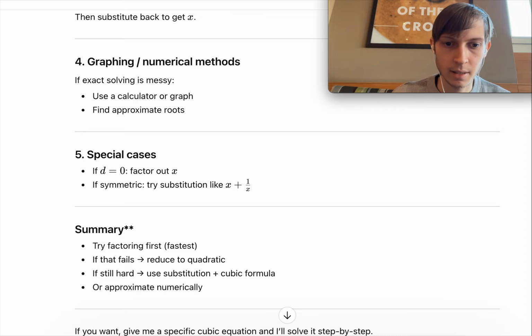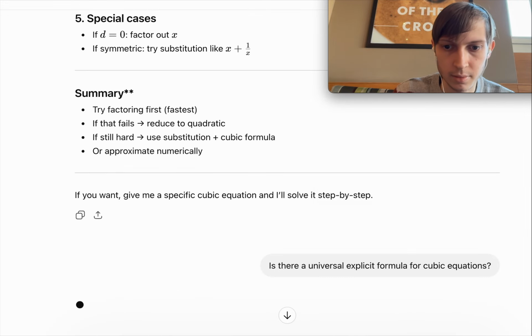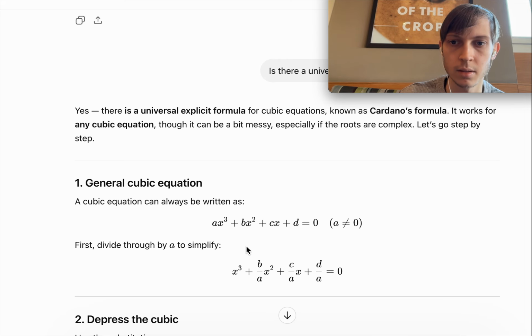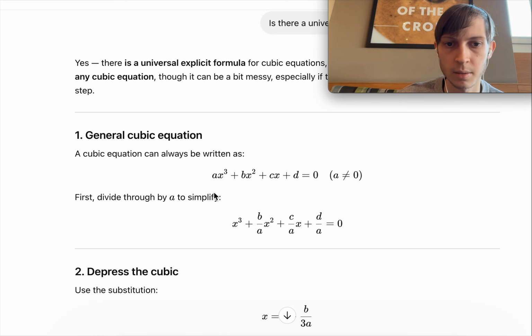Let's ask, is there a universal explicit formula for cubic equations? So we have to take it to base form.